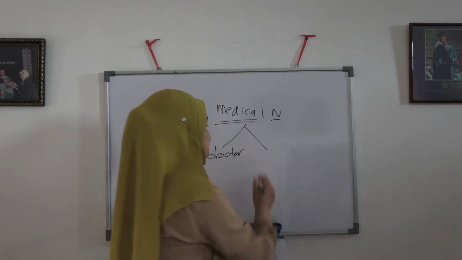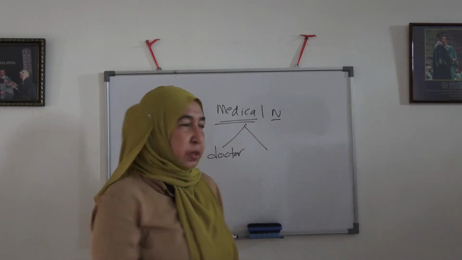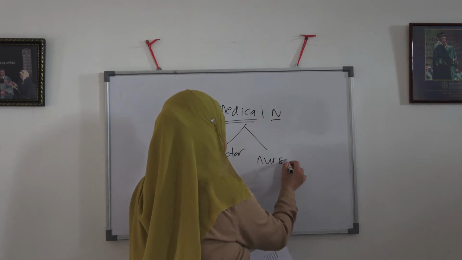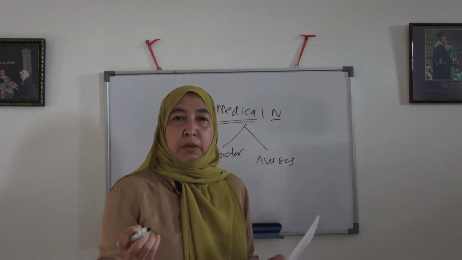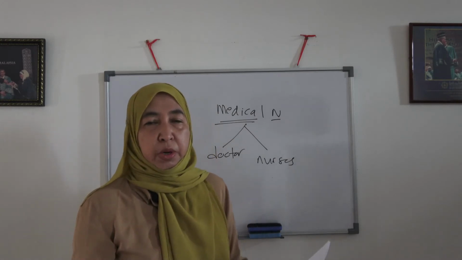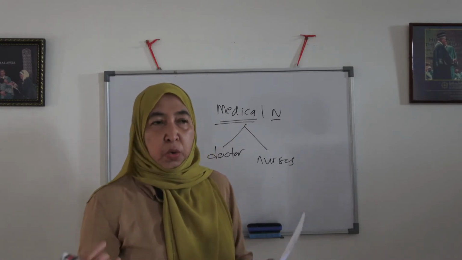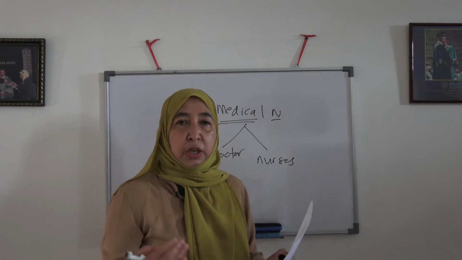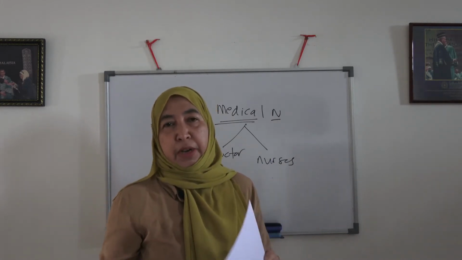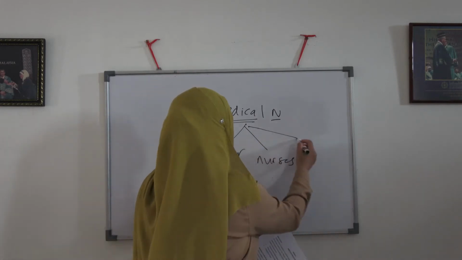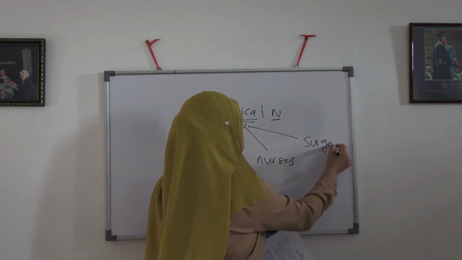Who else in medical? Maybe you have nurses. Nurses also, if they do something that may cause damage, harm or injury to their patient without exercising the standard duty of care, this person may be liable for medical negligence. You have the surgeon. Okay, who else?